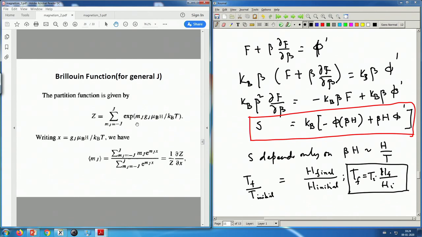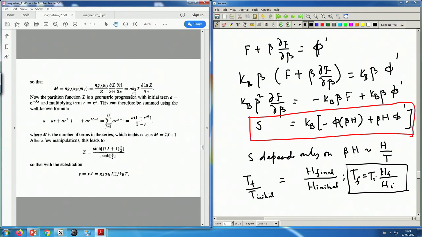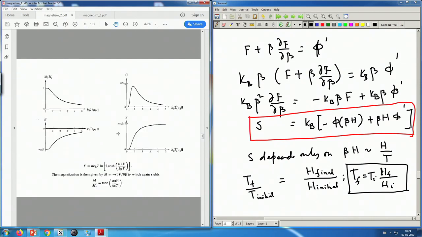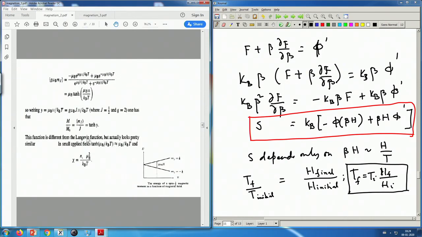Your magnetization, for example, is a function of only H/T, because obviously the magnetization has to decrease as you increase temperature.